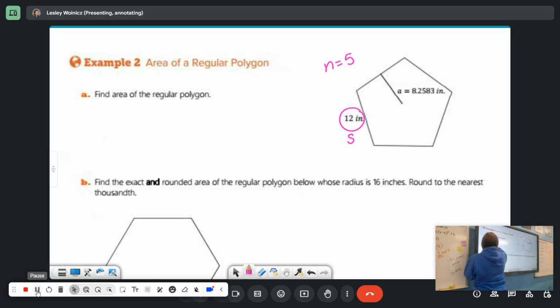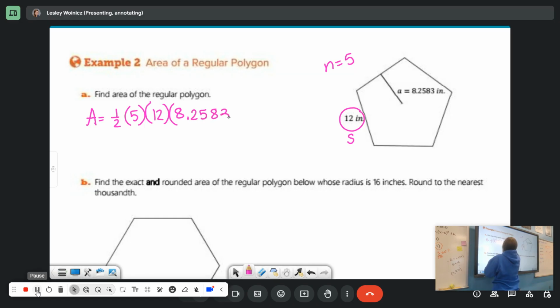So we're doing area equals 1/2 times 5 sides times 12 inches times 8.2583. So we just put that in our calculators. Okay, I'm getting area equals 247.749 inches squared.